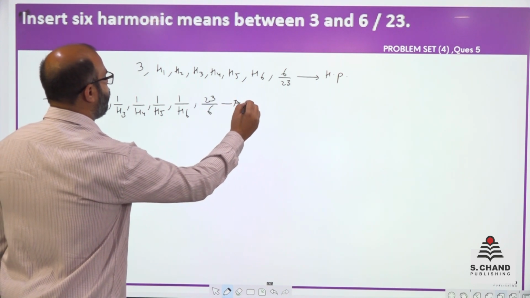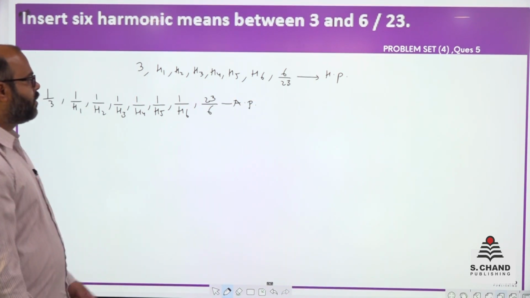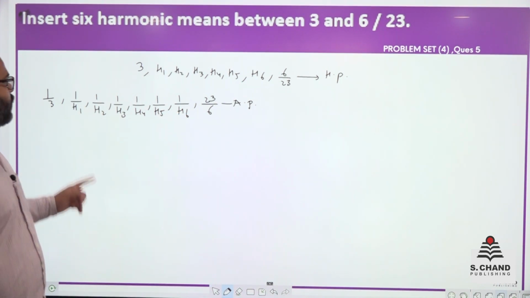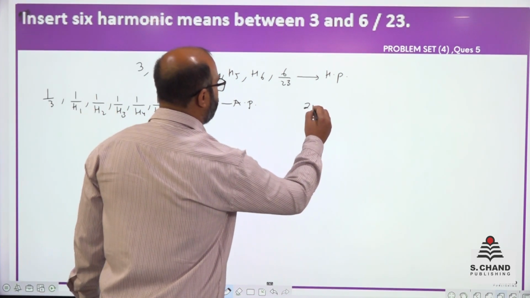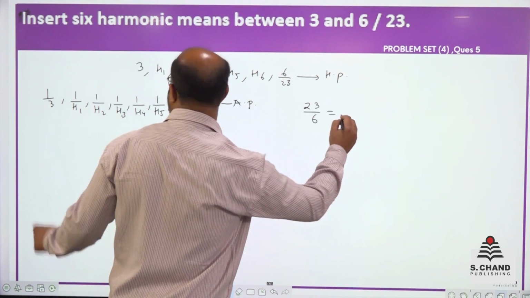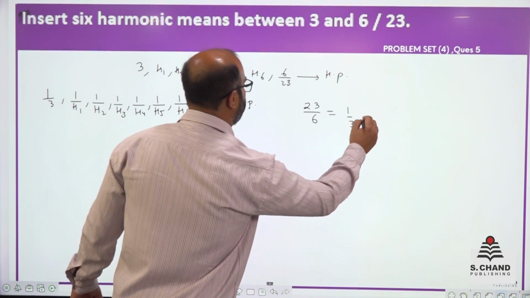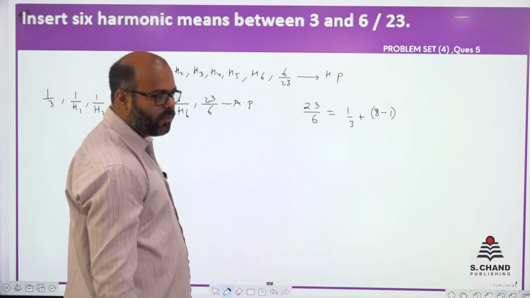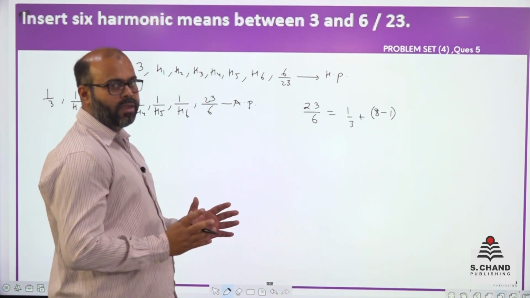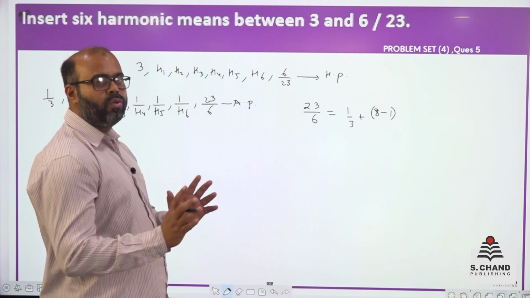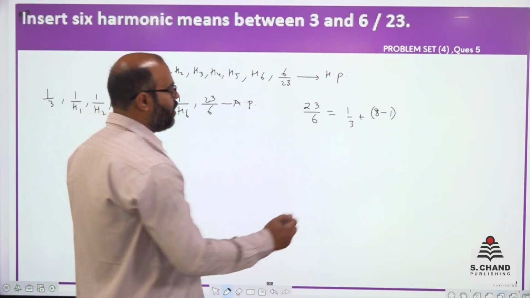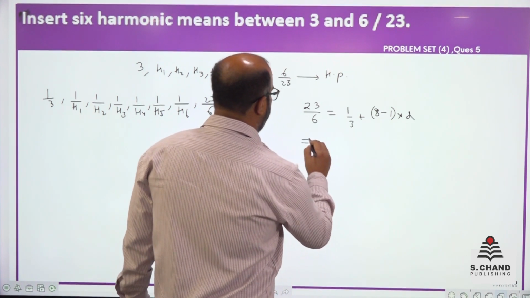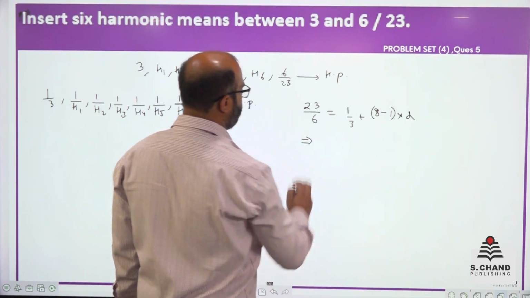This is an AP. Now in this AP, there are 8 terms. This is the last term, this is the first term. So we can say that the last term is equal to the first term plus n minus 1, that is 8 minus 1, total terms are 8, 6 harmonic means and 2 end terms, into D. So from here it will come out to be 23 by 6 minus 1 by 3.